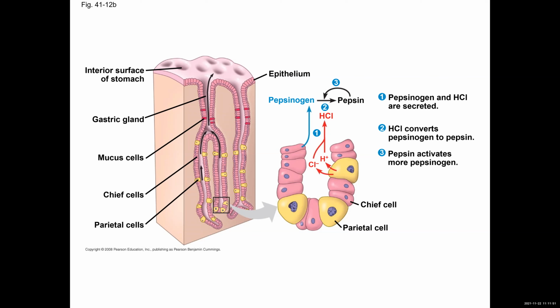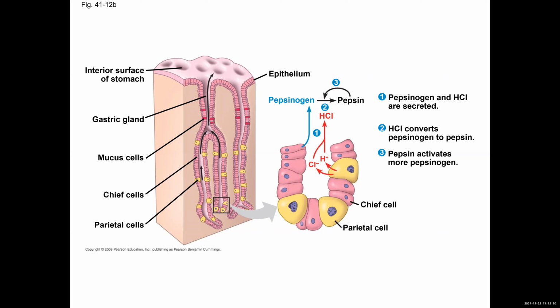All right, so there's a couple things. One is that the interior of the stomach lining is covered with mucus. It isn't shown in this slide, but there's an especially thick mucus that's secreted on the surface of the stomach. The second is there is damage to the stomach lining, and so the cells have a faster rate of turnover and growth by mitosis than other parts of the body.